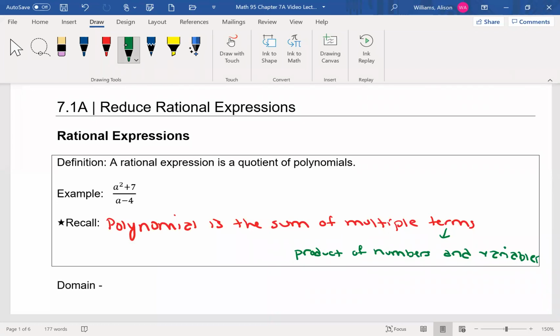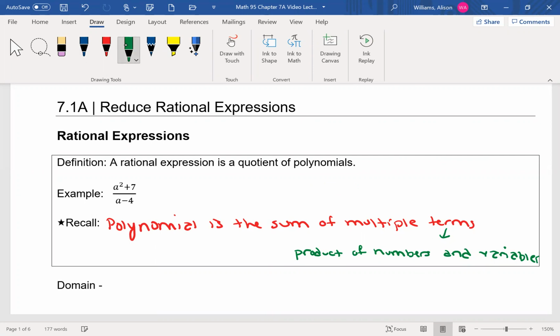So an example of a term could be like 3x. That could be a term. All right. But a polynomial would be the sum of multiple terms, like 3x squared plus 4. That's a polynomial. Okay. So that's the idea.